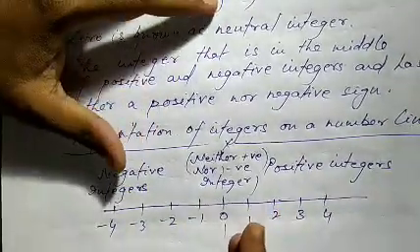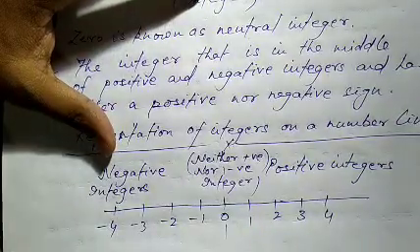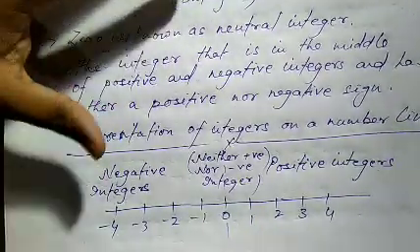So we see that numbers to the left of 0 are less than what? 0.